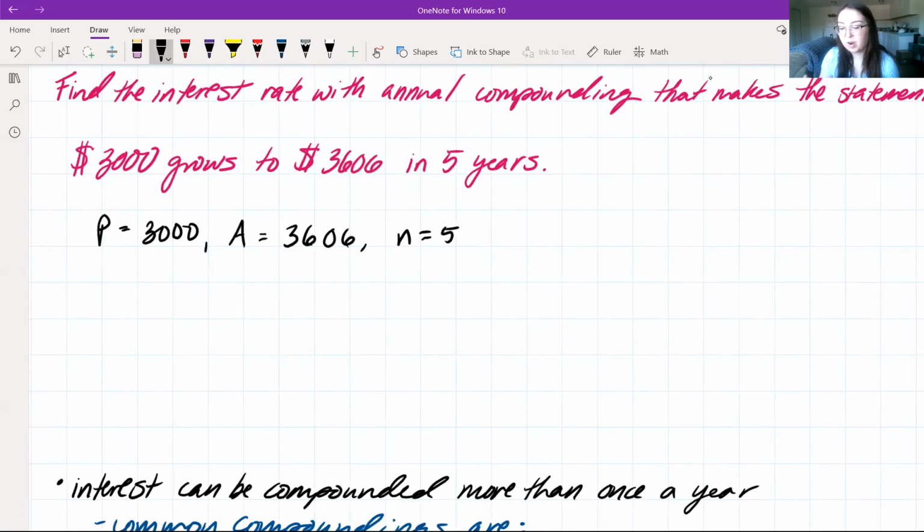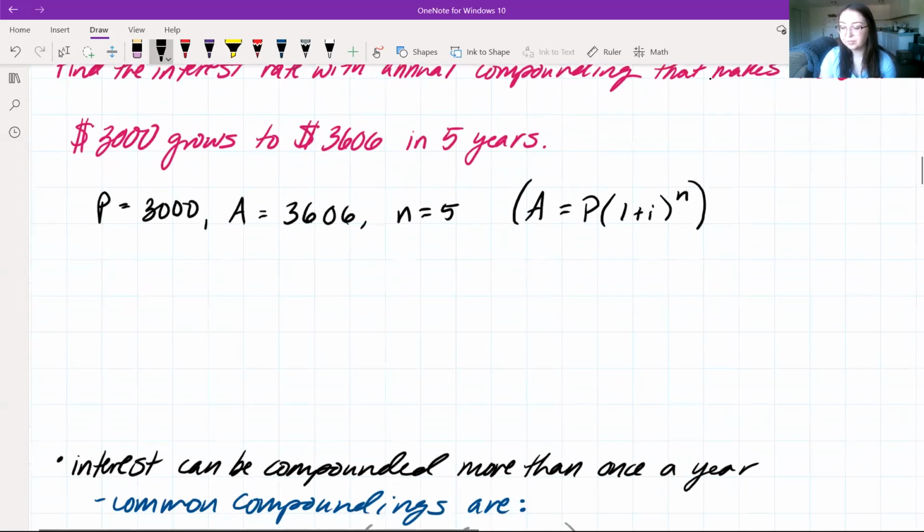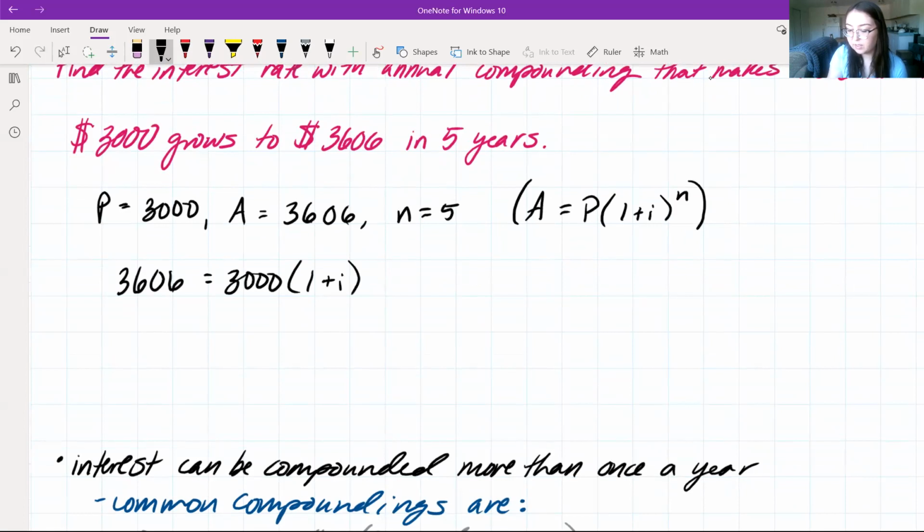And we're solving for I, and then we want to remember that our equation is A is equal to P times 1 plus I to the N power. All right, so let's plug all these values in and let's solve for I. So we get $3,606 is equal to 3,000 times 1 plus I to the 5th power.